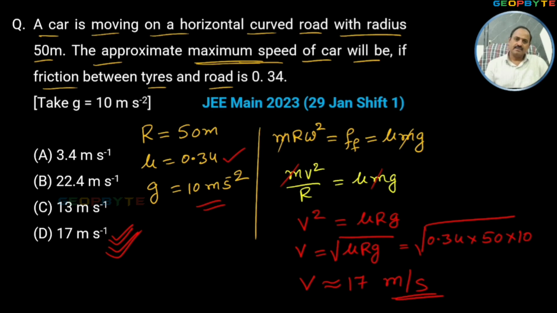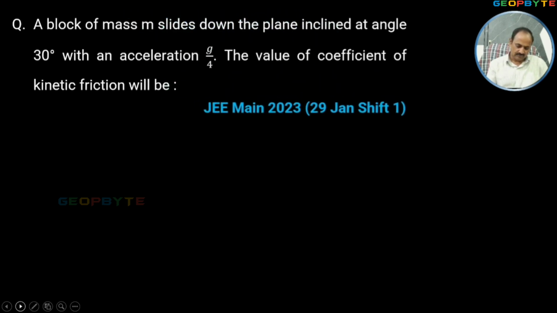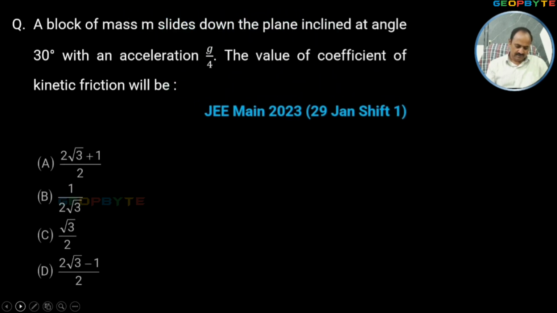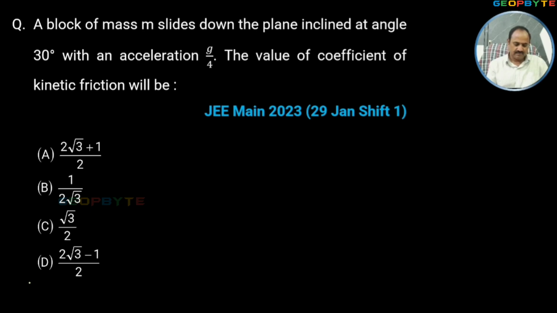Understood clearly? Yes. Then look at another important problem. Look at that problem. It is asking like this: a block of mass m slides down the plane inclined at an angle 30 degrees with an acceleration g by 4.